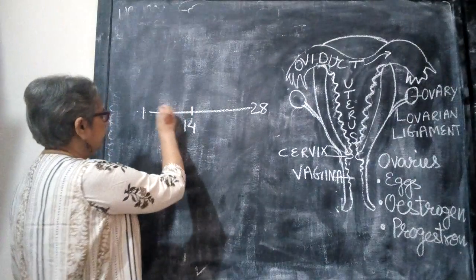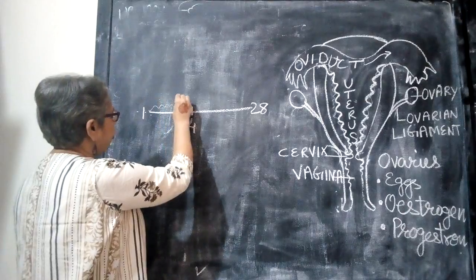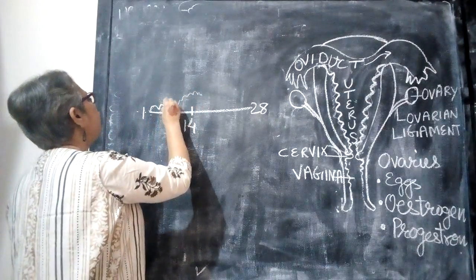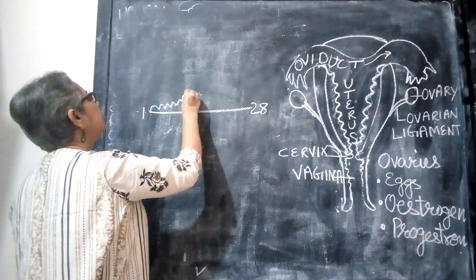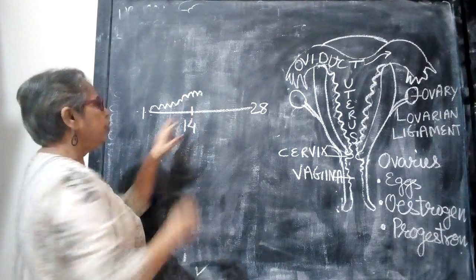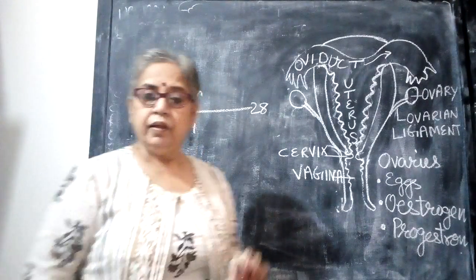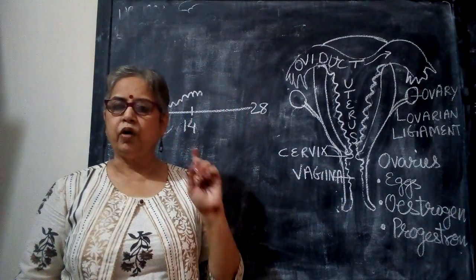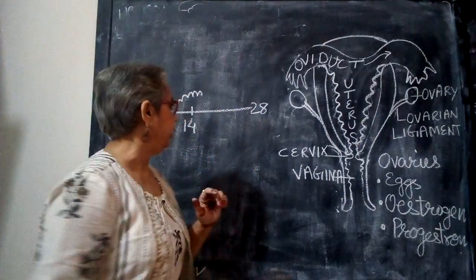So you can say that this is the wall and here it is most thick at day 14, right? The egg is generally released from the ovary on the 14th day.